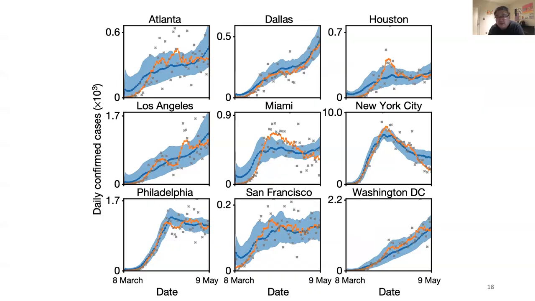As the number of reported cases tends to have great variability, they also show the smooth weekly average, which is the orange line, and the shaded regions denote the 2.5 and 97.5 percentiles across the parameter sets and stochastic realizations. So we can see their model can perform pretty well by leveraging the mobility network.